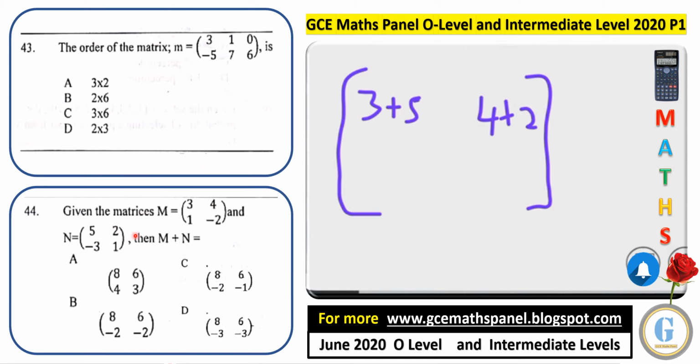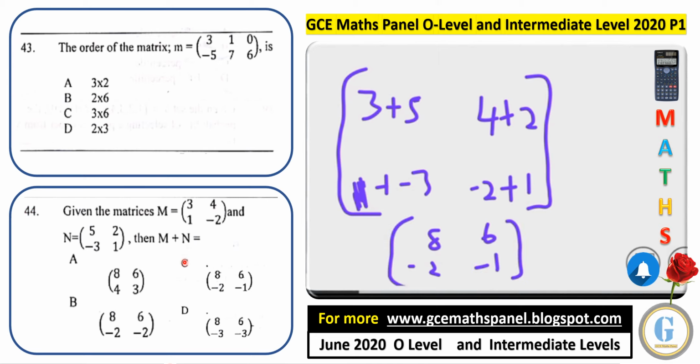So you can do the rest, right? 1 plus minus 3. Please make sure that you talk along as we solve. And then we have minus 2 plus 1. So what will be our final answer? We have 8, 6, minus 2, minus 1. So this is the answer. 8, 6, minus 2, minus 1. So the key here is C.